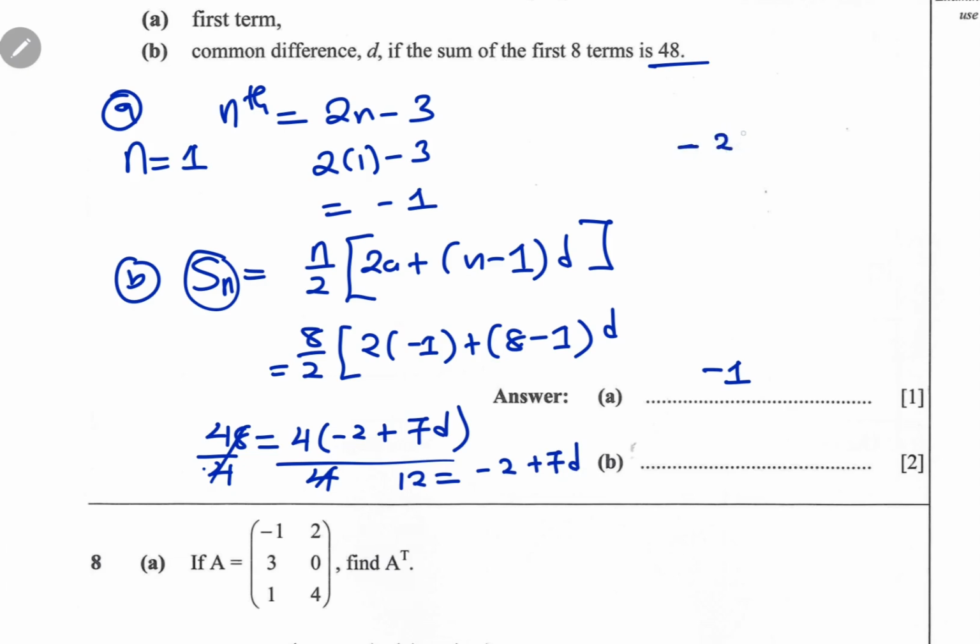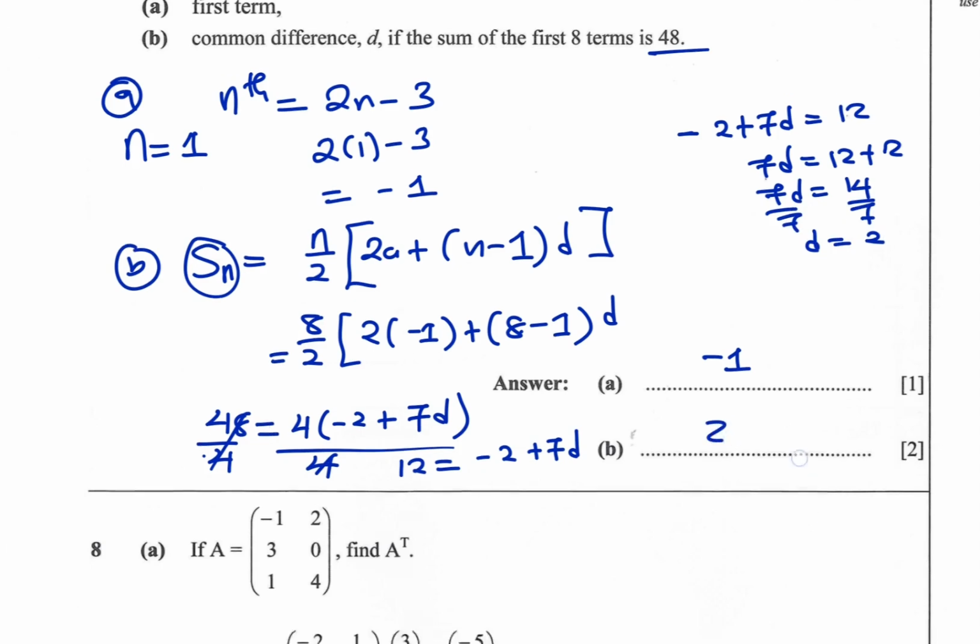So we're going to have negative 2 plus 7d is equal to 12. 7d is equal to 12 plus 2. 7d is equal to 14. So therefore, we are going to find our d to be 2. So d is 2. Okay. So that is how you work this one out.